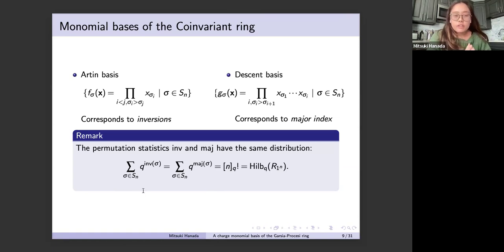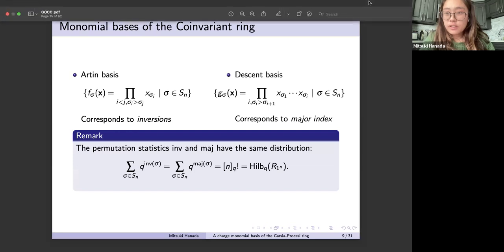So immediately you can see that in each degree, we have the right number of monomials in either of these bases to actually be a basis of the coinvariant ring, because it matches the dimension in each degree component given by the Hilbert series. So we can say that these two bases are compatible with the Hilbert series in this sense. You can immediately see that we have the right number in the right places.